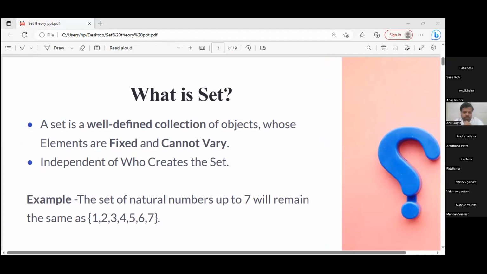Collection of object. Okay, 44 students are there. Kindly tell me one by one, please. What is set theory? Collection of different objects. Okay, very good.